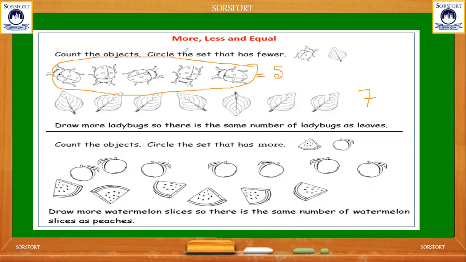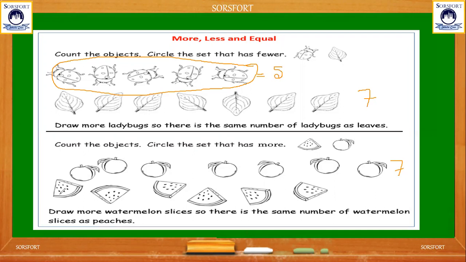Now come to the next picture, next part. Count the objects, circle the set that has more. Let's count how many apples are there. 1, 2, 3, 4, 5, 6, 7. So 7 apples.